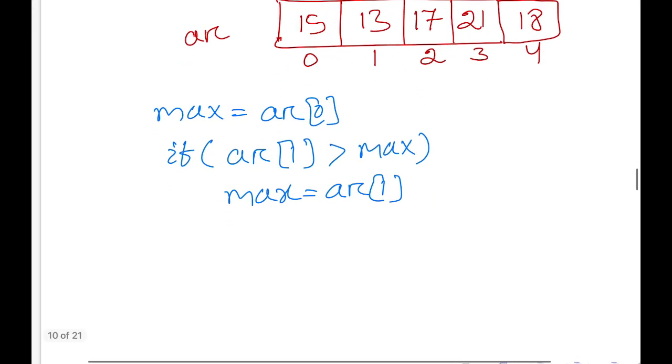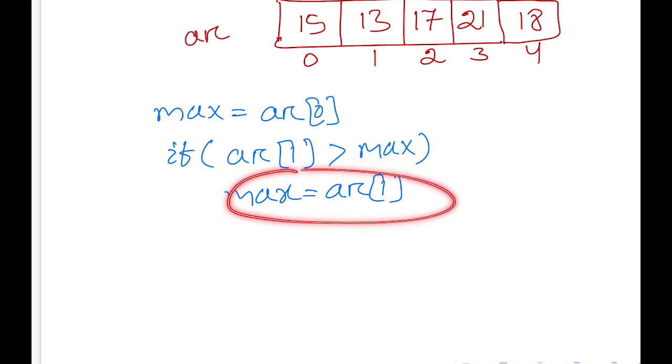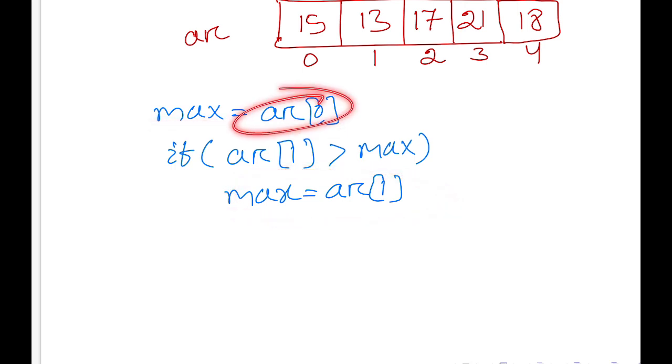In this example AR of 1 is 13 and it is not greater than maximum, so we are not updating maximum. So now maximum is AR of 0, or we can say 15.